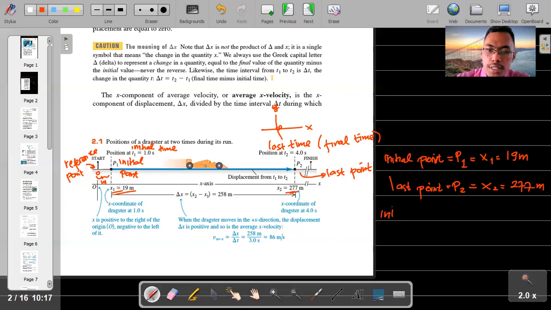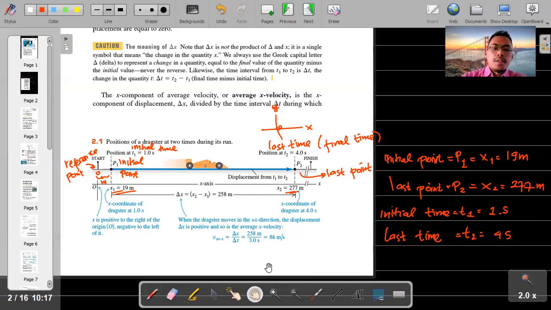For the initial time, t1, it is 1 second. And for the last time, or t2, it is 4 seconds.